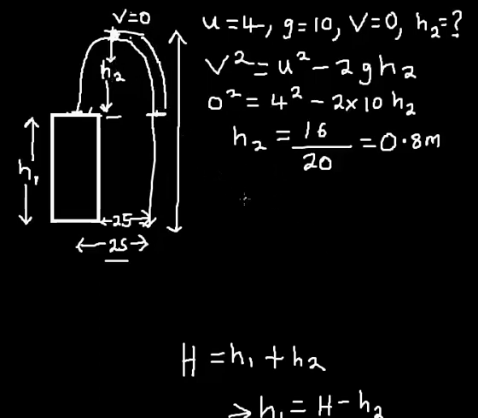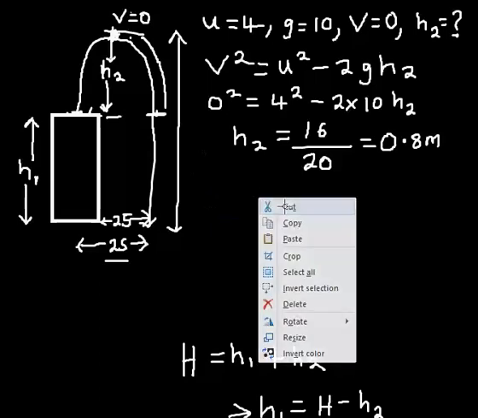Of course, you know very well that v is equal to 0, then plus u, which was 4 meters per second. Please pardon me, I just messed up everything.